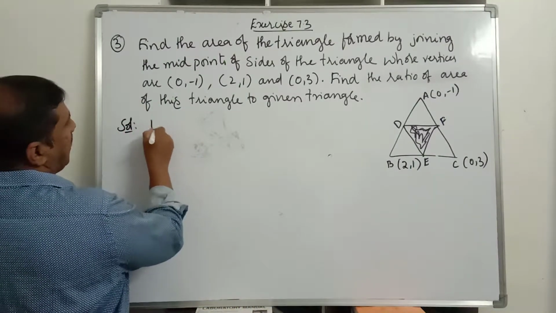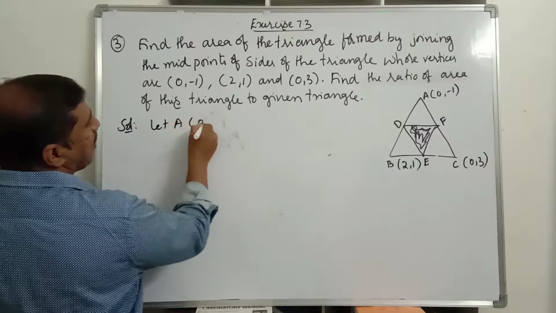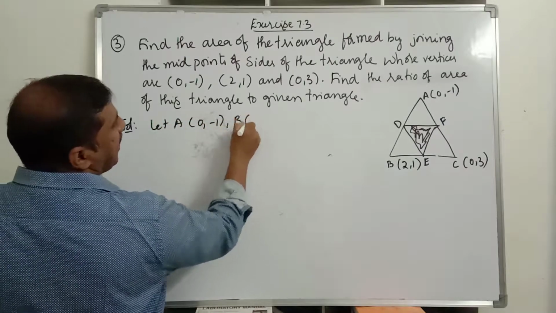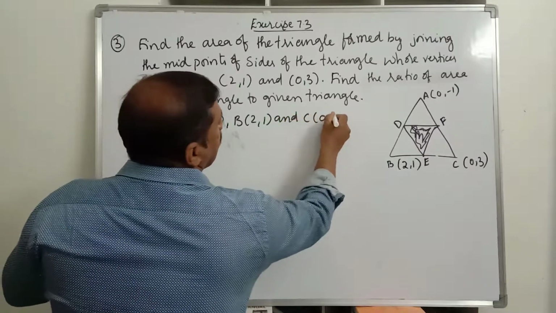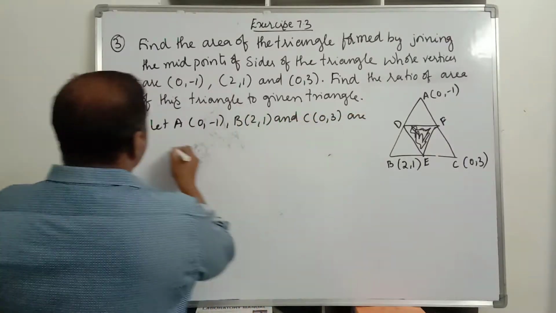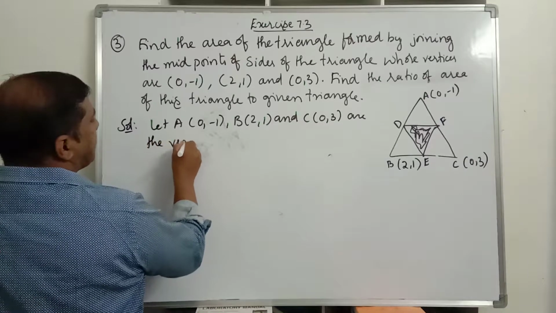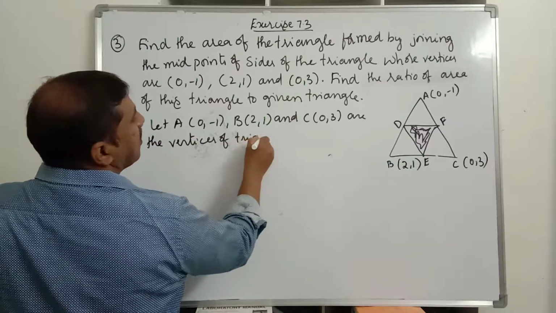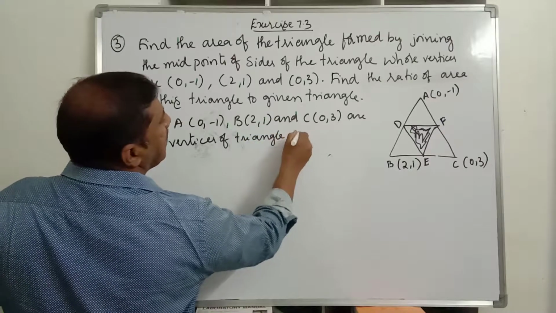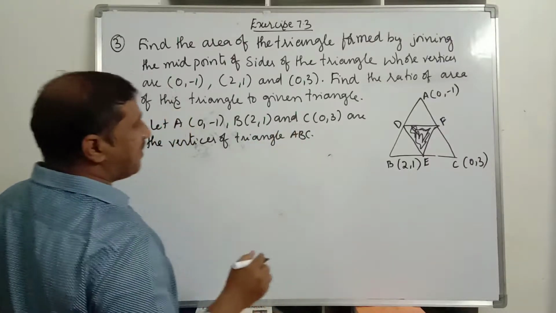So let A (0, -1), B (2, 1) and C (0, 3) be the vertices of triangle ABC.